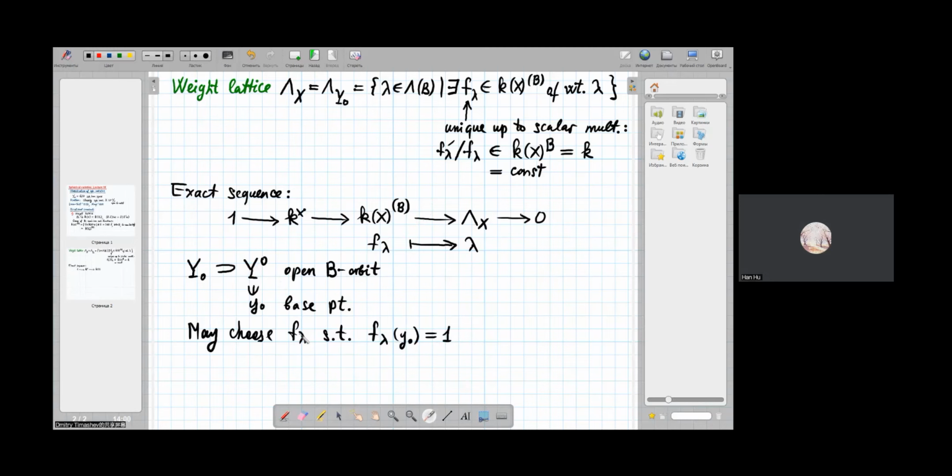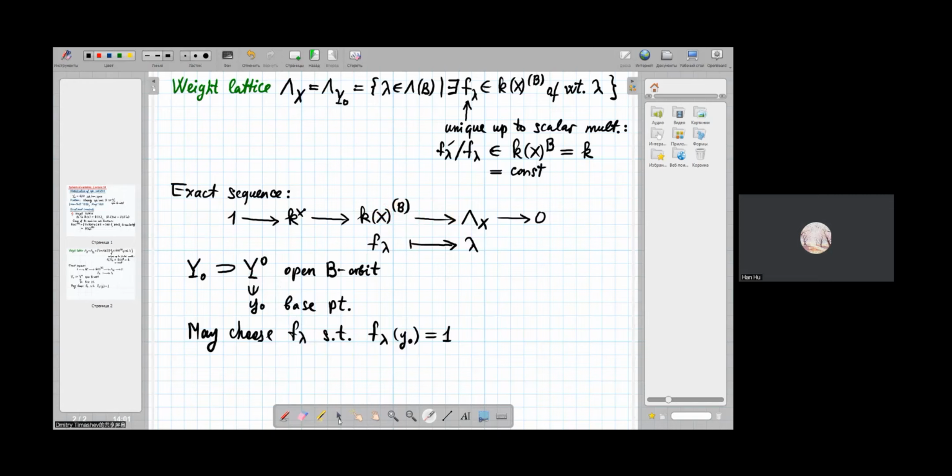So a non-zero B semi-invariant rational function does not vanish at any point of the open B orbit. And therefore, we can normalize them in such a way that they take value 1 at the given point. And this gives you the lifting of this group to this bigger group of semi-invariant functions. So this exact sequence splits.